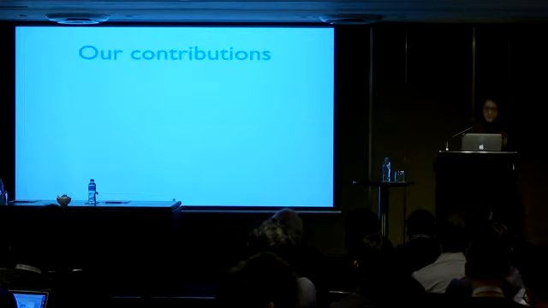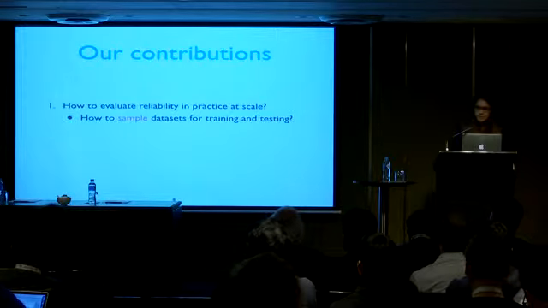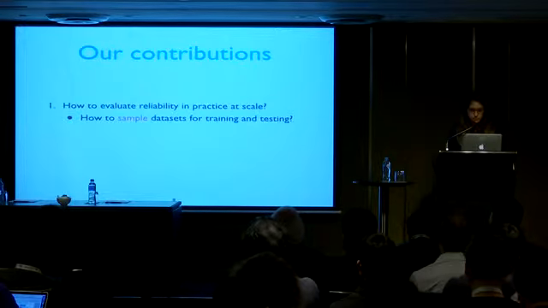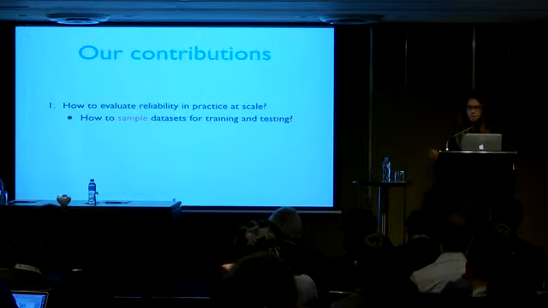Okay. So our goal is now to test the reliability of matching schemes in practice at scale, and here are the steps that we take to achieve this goal. So first, since we also don't have access to the entire Facebook and Twitter social networks, we need to understand how to evaluate the reliability of these matching schemes in practice.